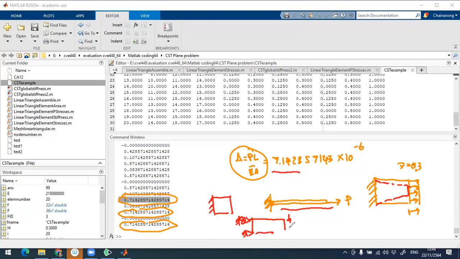We do not constrain it. Then what's happened? For this case, you will see that the solution of the axial displacement is identical to the exact solution at every point. And we also have the vertical displacement that you may observe by yourself.